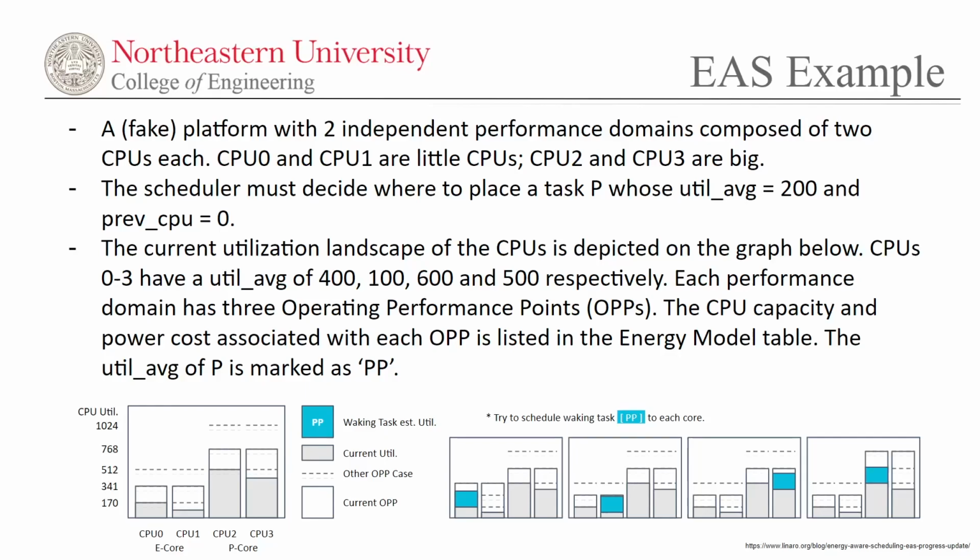CPUs 0 to 3 have a utilization average of 400, 100, 600, and 500 respectively. Each performance domain has 3 operating performance points, the OPPs. The CPU capacity and power cost associated with each OPP is listed in the energy model table. The utilization average of P is marked as PP.